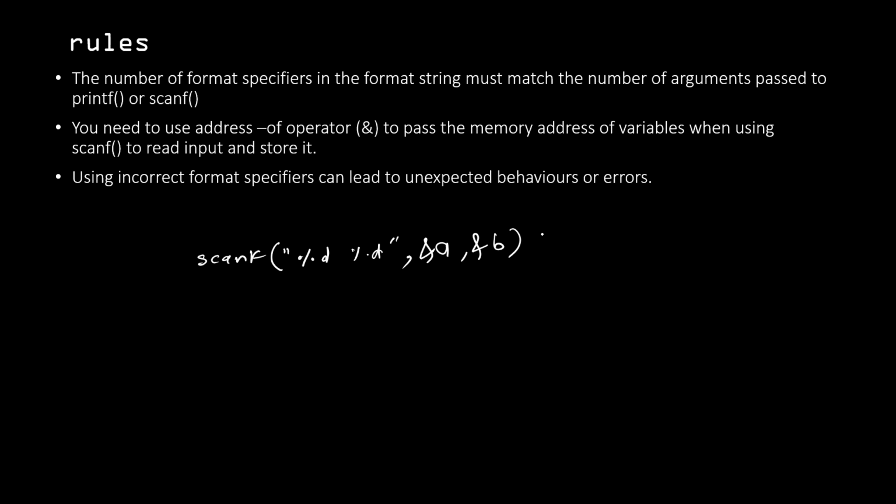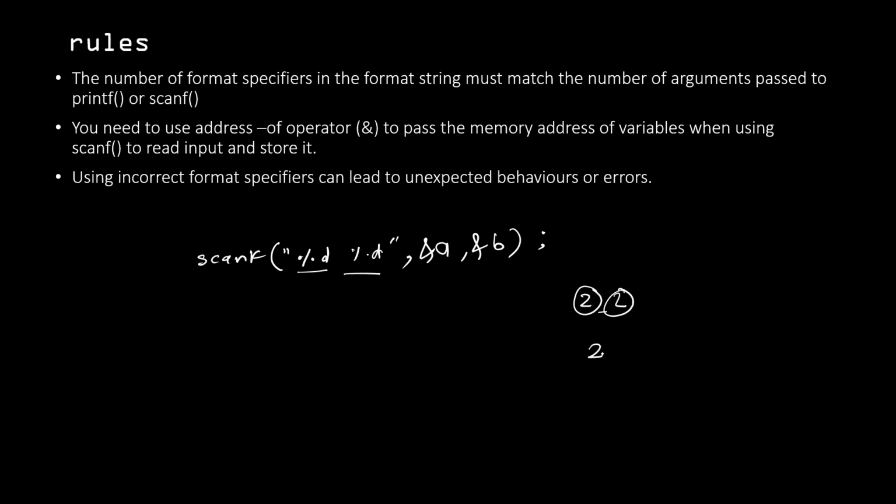Using this, I can take two inputs and store them in two memory locations. So with this logic, if I give these two format specifiers, while taking input a user should type two inputs, first, then a space, and then the second input.